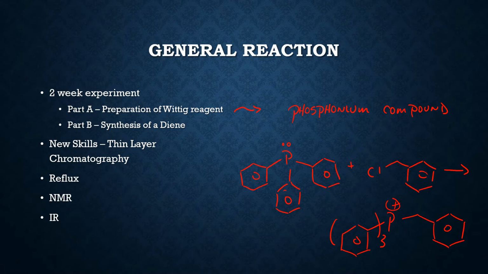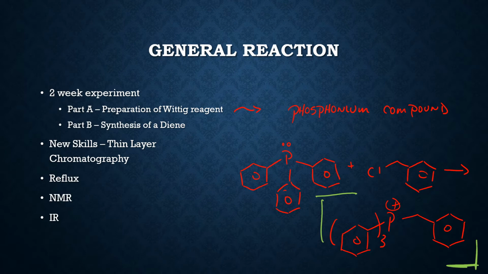Then we're going to take our compound here and react this with cinnamaldehyde to prepare a diene. And so we'll look at the 2 mechanisms that are going on in both of these parts A and B here. Now we're going to learn a new skill. It's called thin layer chromatography. Thin layer chromatography can have 2 purposes. Its most common purpose is as a qualitative analysis for how many compounds are in a reaction.